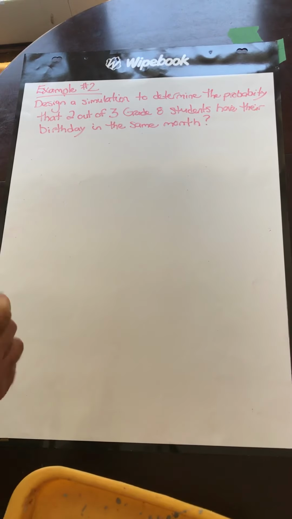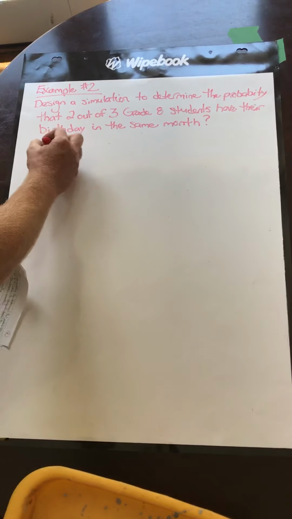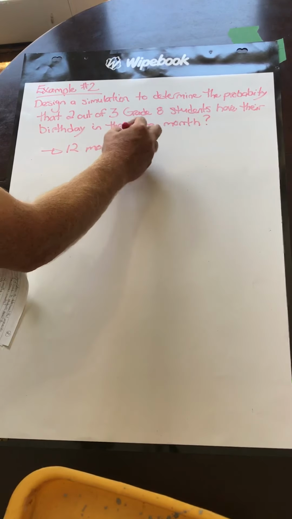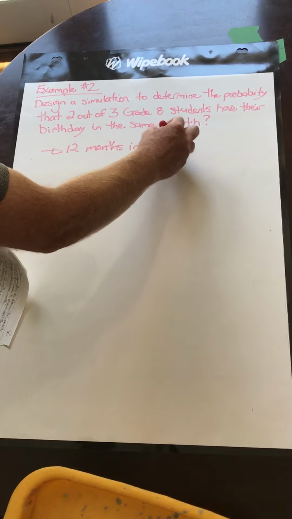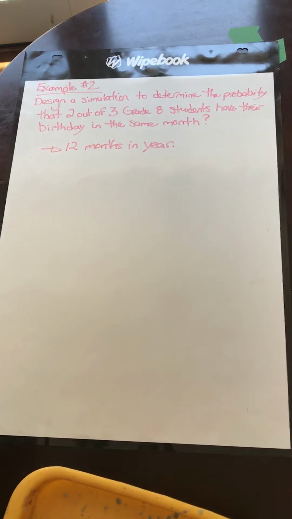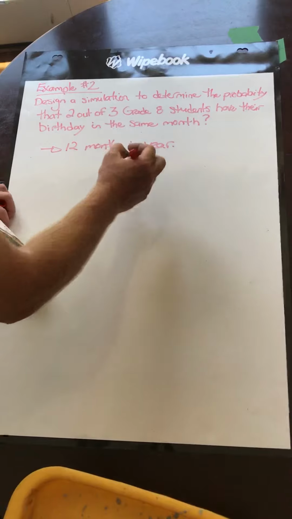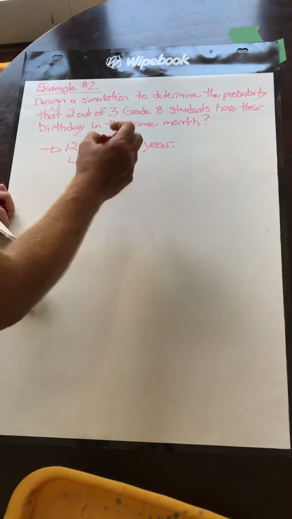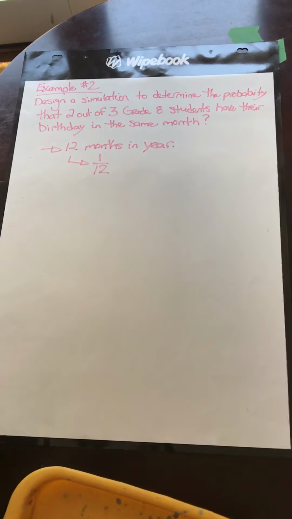Well, how many months are there in the year? There are 12 months in the year. So the probability of being born in a particular month is 1/12. So we need a simulation that has 12 equally likely outcomes.